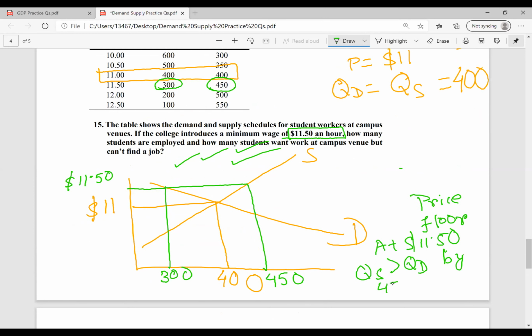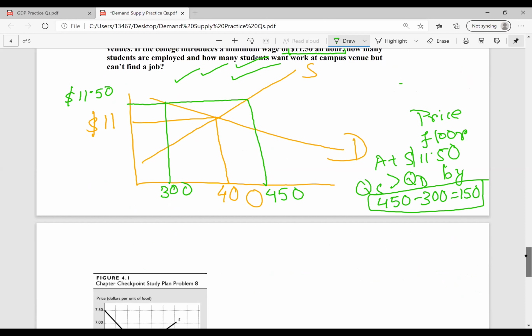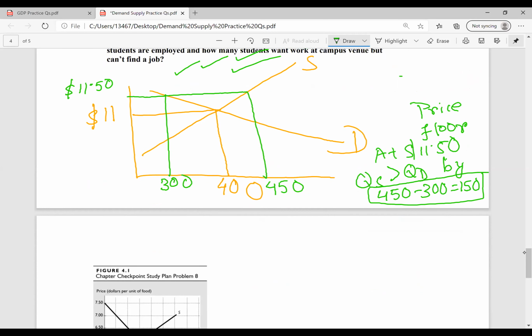By 450 minus 300, which is equal to 150. That means there is unemployment on this campus. 150 students could not find a campus job because the wages are too high, and the employers do not want to hire so many workers.